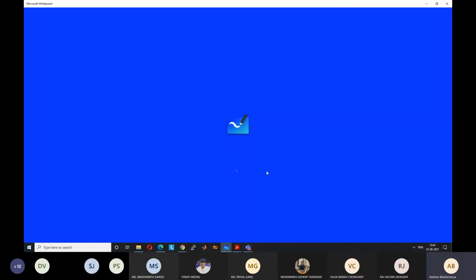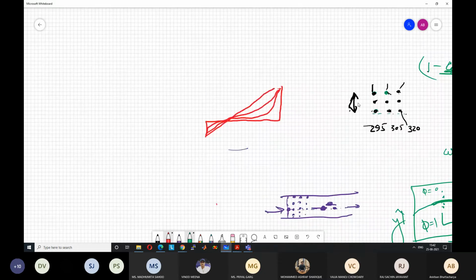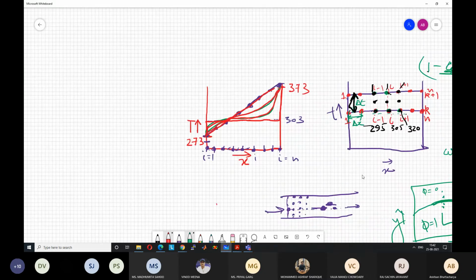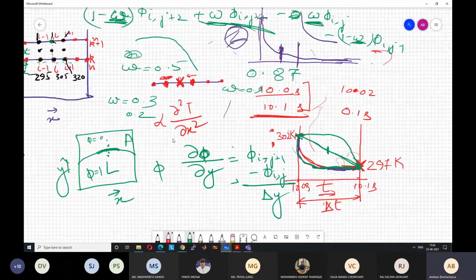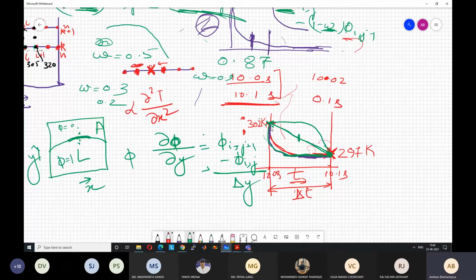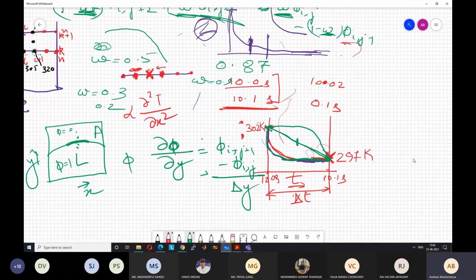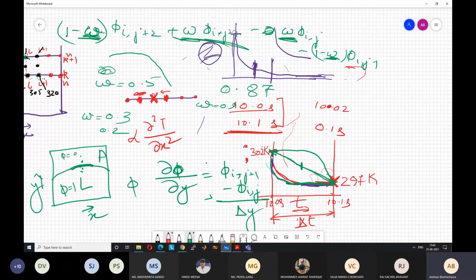We have also seen that there can be different types of physical examples of how the temperature varies with time. For example, temperature can decrease exponentially with time.